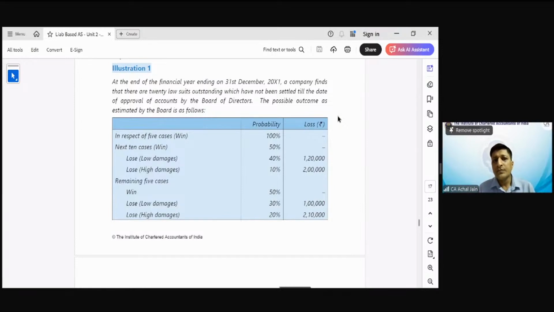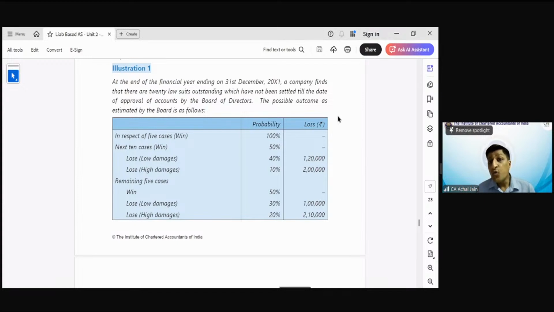Possible outcomes for all of these litigations are given. In respect of 5 cases, the company is expecting to win. Probability is 100%. Next 10 cases, 50% chances to win, lose.